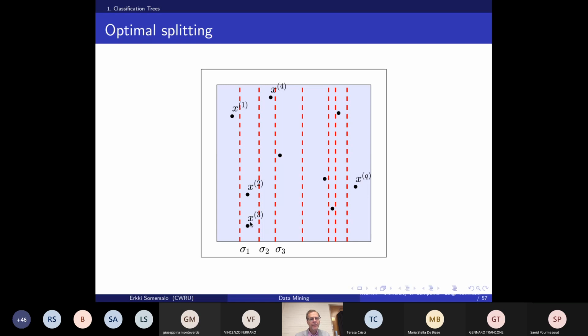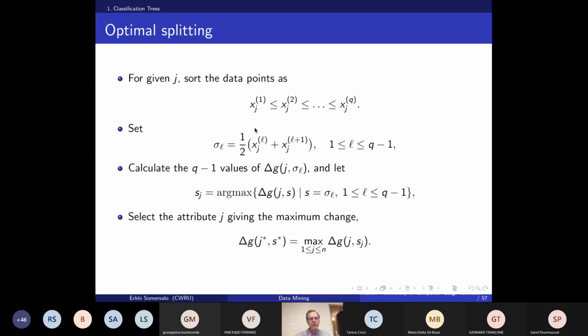Okay, so here is a little bit more mathematical explanation, and we can go back to the explanation. First of all, we take the data and we sort the data points according to the jth component so that they are in increasing order. And what I forgot to say is that you remove from this list the values that are repeated.